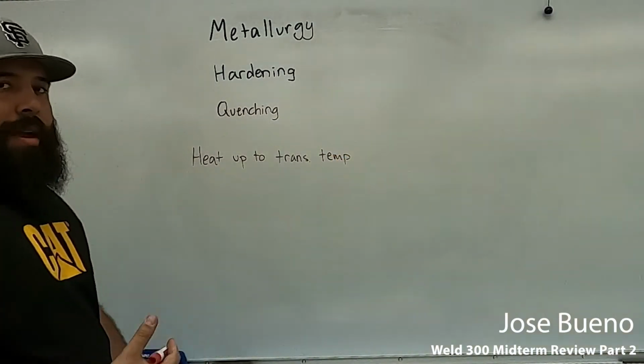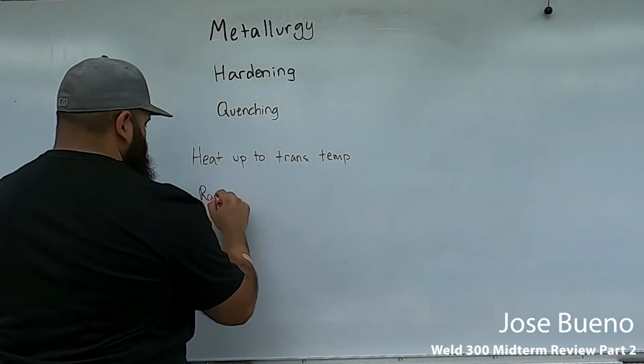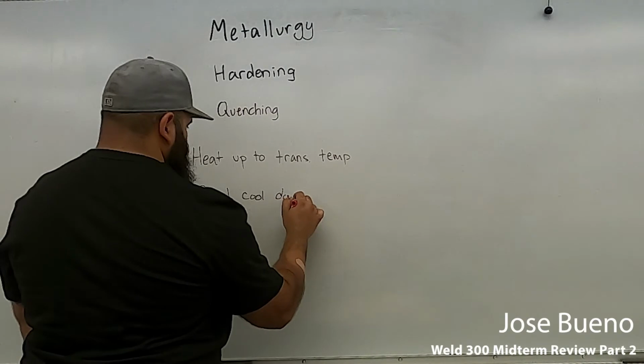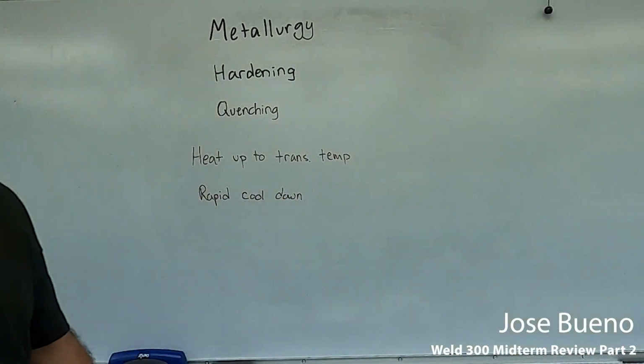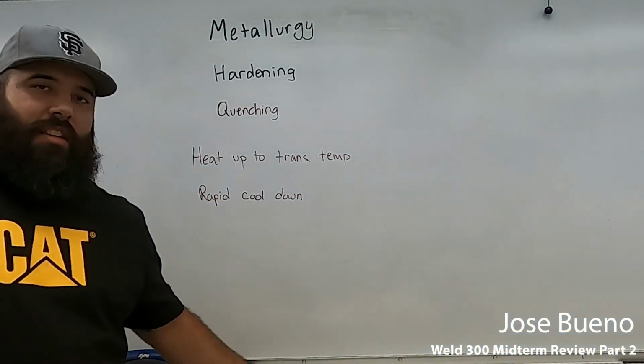And then rapidly cool it off. Most times this is by dunking it in water. Some people dunk stuff in oil and sand, whatever. But in our class, we're quenching our steel in water.